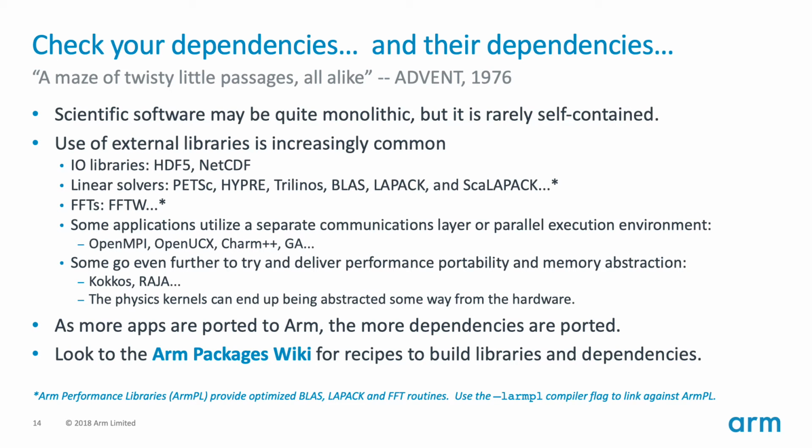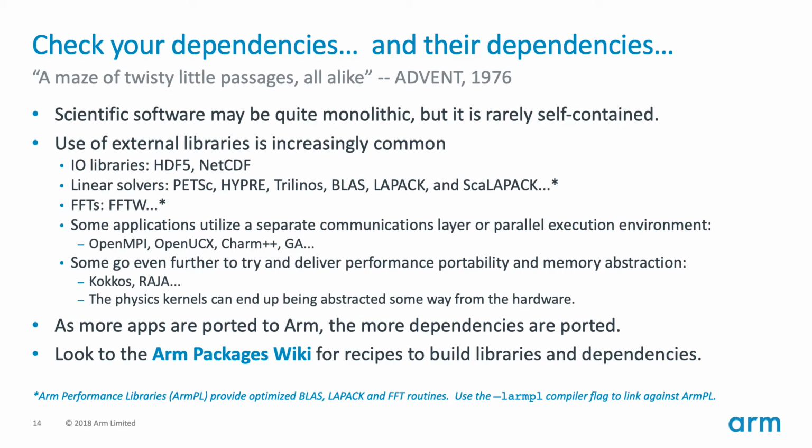So the first thing you want to do when you start porting your application is think about your application's dependencies. Now, most HPC applications, most scientific software is quite monolithic, but it's usually not self-contained. It's going to depend on I/O libraries like HDF5 or NetCDF or linear solvers like Trilinos. It's almost always built against some communications layer.